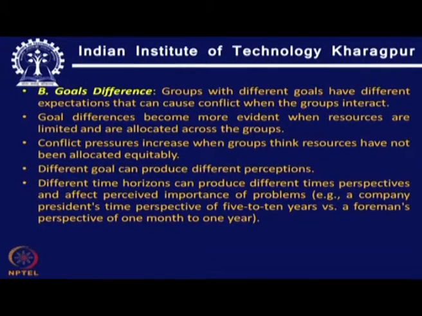Because as the groups have two different goals, there could be different sets of expectations about what is to be done and how it is to be done, and that may cause conflict when the groups interact. So goal differences become more evident when resources are limited in nature and are allocated to all the groups.